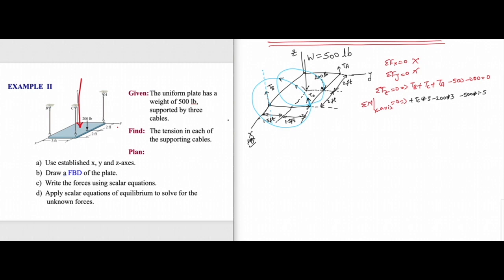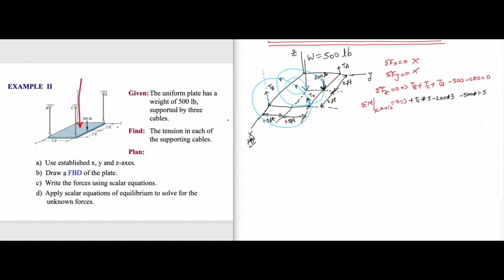The distance between the line of action of 200 and x-axis is 3 feet, but 500 is 1.5 feet away from x-axis, and it is giving a clockwise rotational effect.